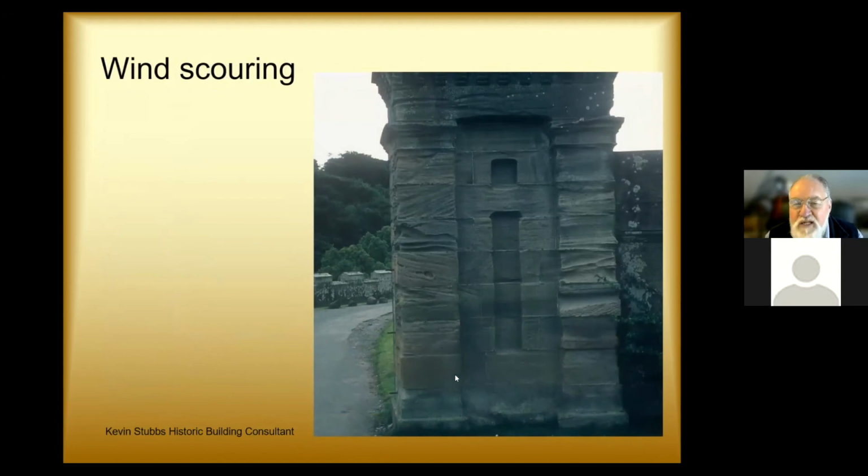Another cause of decay is wind scouring. And here you can see you've got these deep cuts in the stonework, and this is following the bedding planes in the stone.